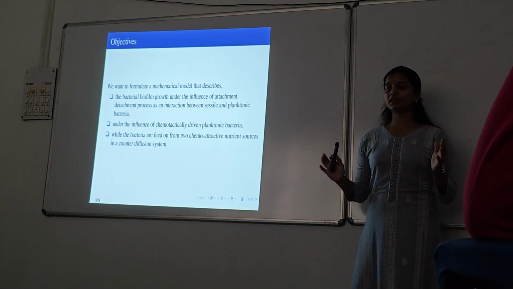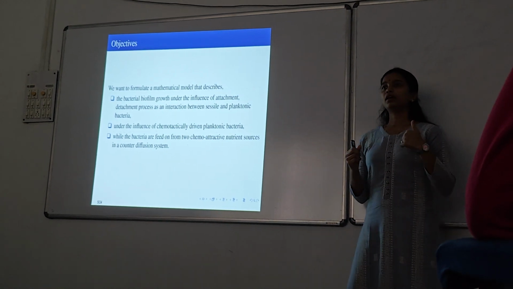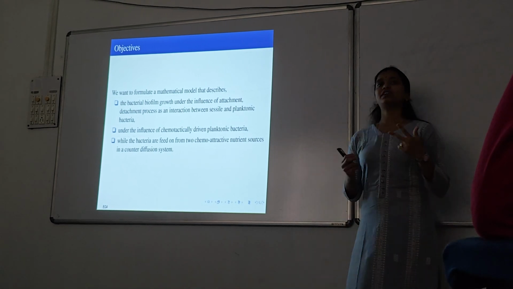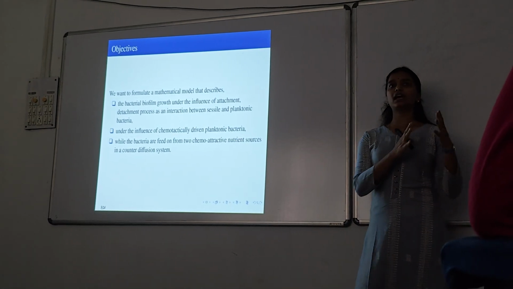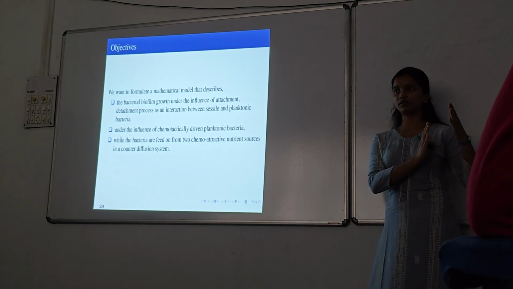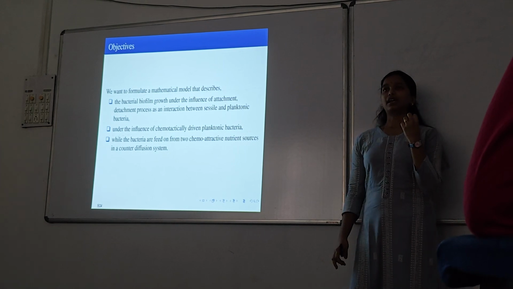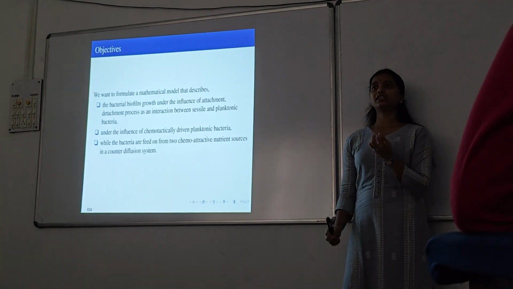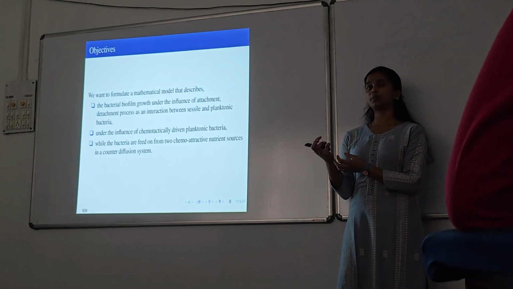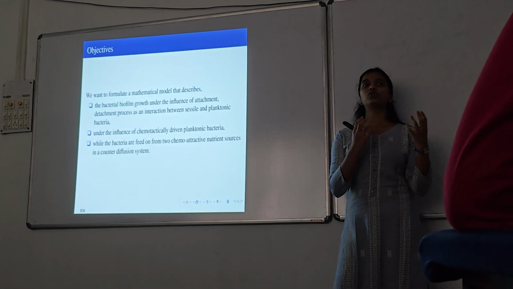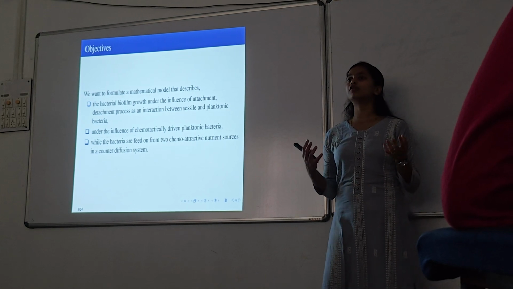So my system consists of two types of bacteria, sessile and planktonic, and sessile are on the side of the biofilm. And as I said, the surface actually contains the cluster of the microplastic and the melanocyte. So those are the nutrients, those are food.